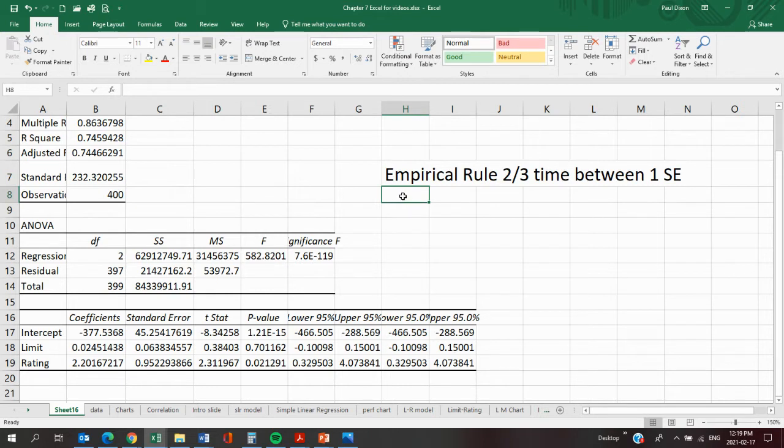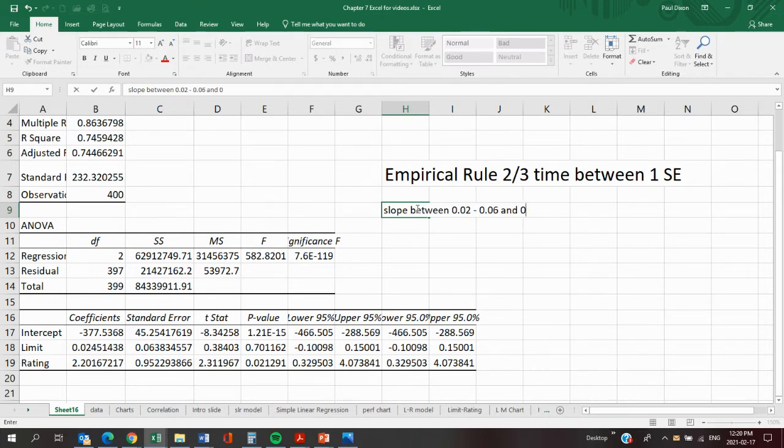That means that this is an estimate. These coefficients here are estimates. They're not exact. And so the slope is somewhere between 0.02 minus 0.06 and 0.02 plus 0.06.